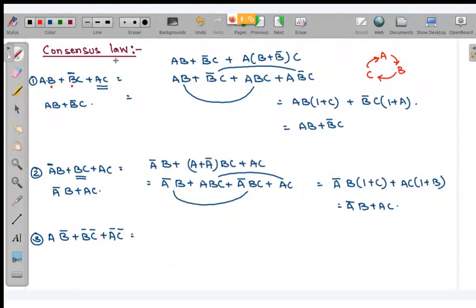So when you apply the consensus law, you are going to retain only those terms which have one non-complemented and one complemented. So here B has both complemented and non-complemented forms. So you are going to retain all those min terms. These are known as min terms, but later on we are going to study what min terms are. So you are going to retain only those min terms where you have a complemented and non-complemented variable. So here you can see AB and BC. Next, come over here.